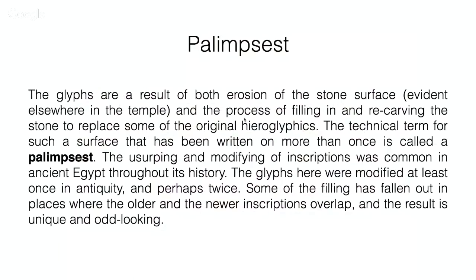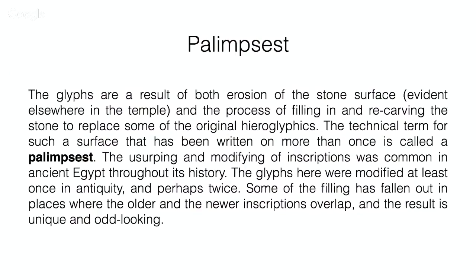All right. So now what we just looked at is what's called a palimpsest. All right. And a palimpsest is, I'll just read. The glyphs that we're looking at are a result of both erosion of the stone surface and the process of filling in and recarving the stone to replace some of the original hieroglyphs.